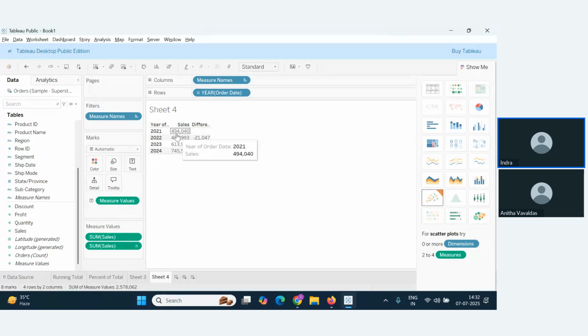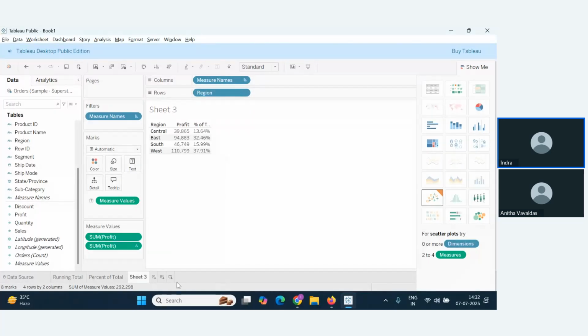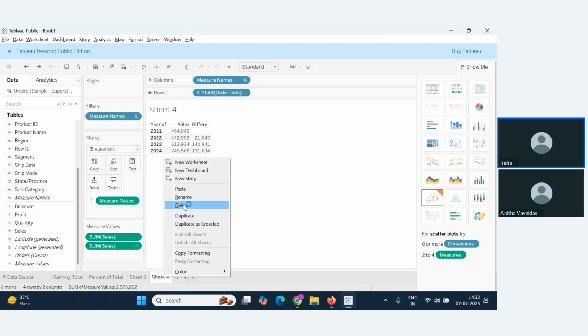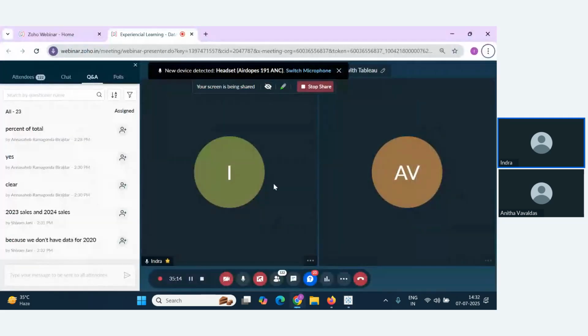This question was also asked, what is the first value in the difference? So it's a blank. All right. This is the difference. Clear? Friends, am I clear with the difference?